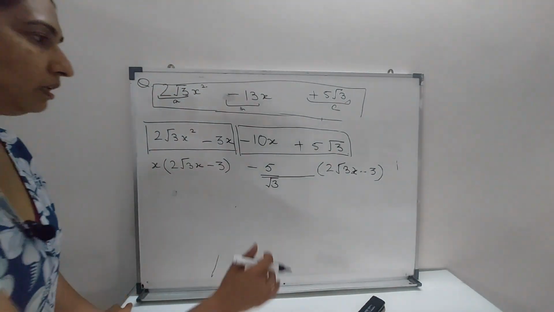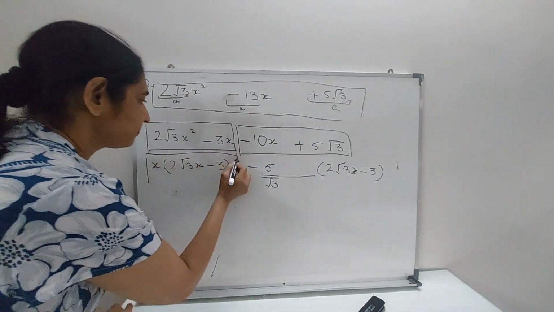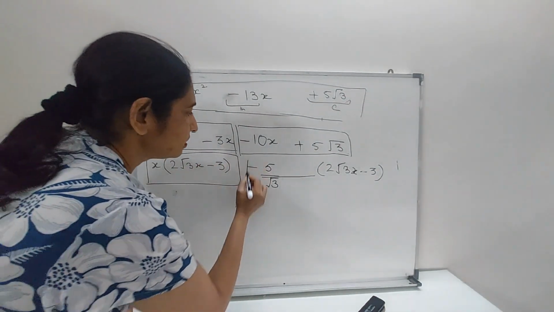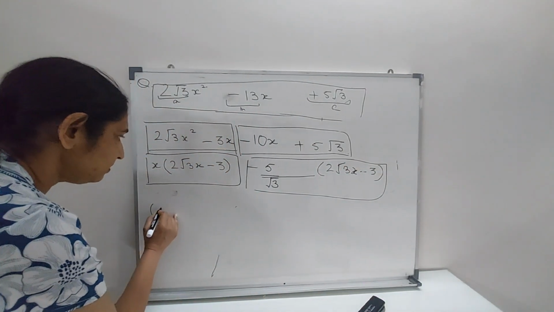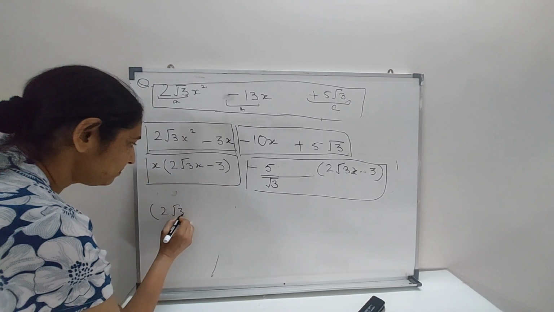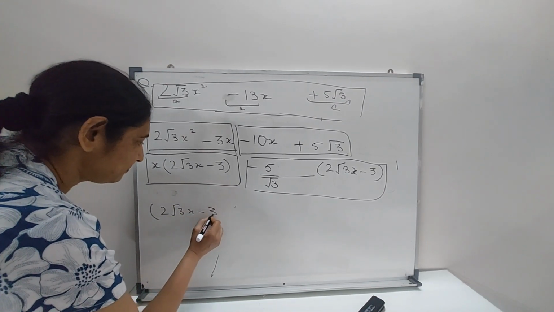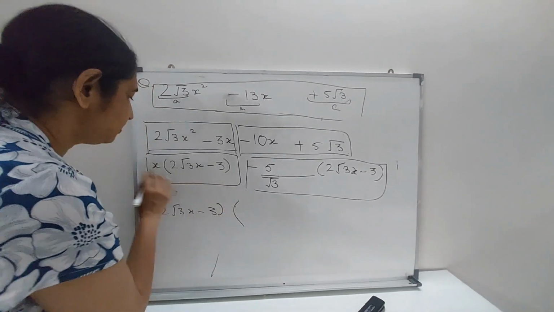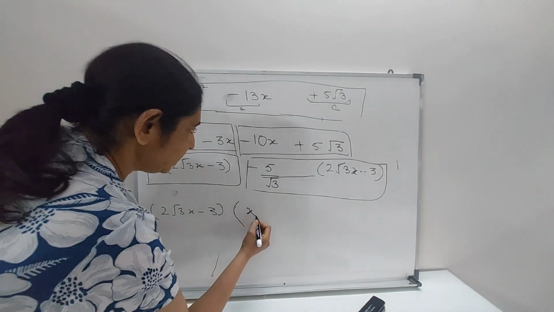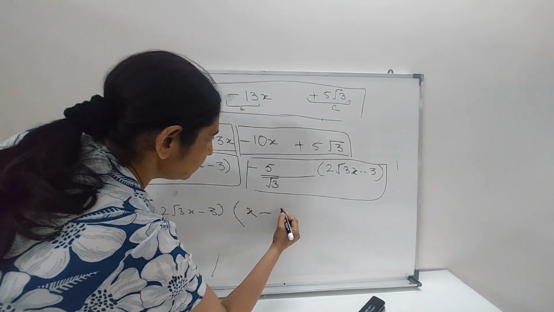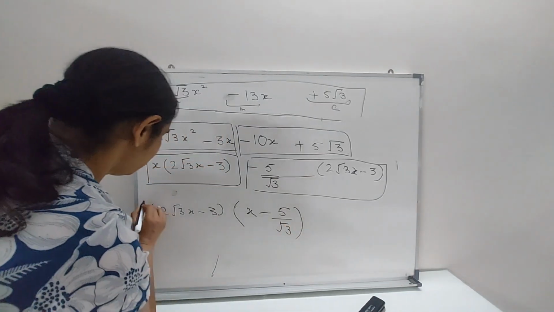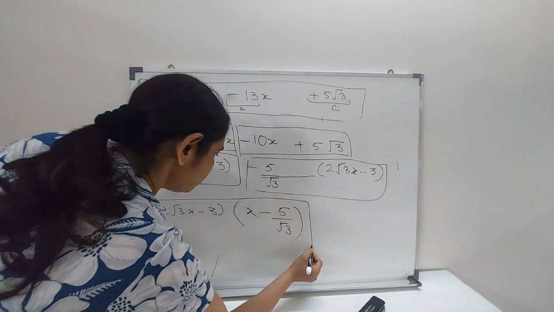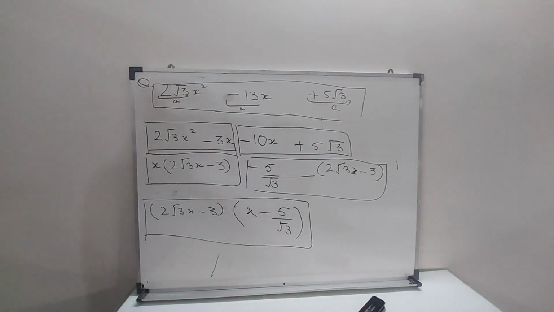Okay. Now nothing much is left. This. We take out the common part first. And from here I am left with x and from here I am left with this. Those are your 2 factors.